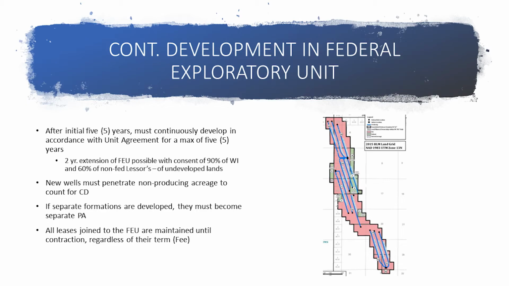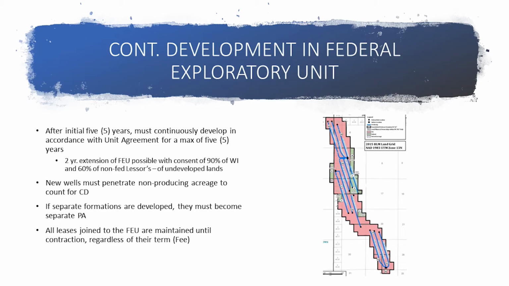At the end of the 5 years, you enter into a continuous development phase, and the way you'll read most material now is you have to drill or commence operations on a new well every 90 days, but the authorized officer does have the authority to amend that to, let's say, 2 wells a year, and it'll meet the requirement for continuous development. All leases are joined, as we've talked about, to the federal unit until the federal unit terminates.